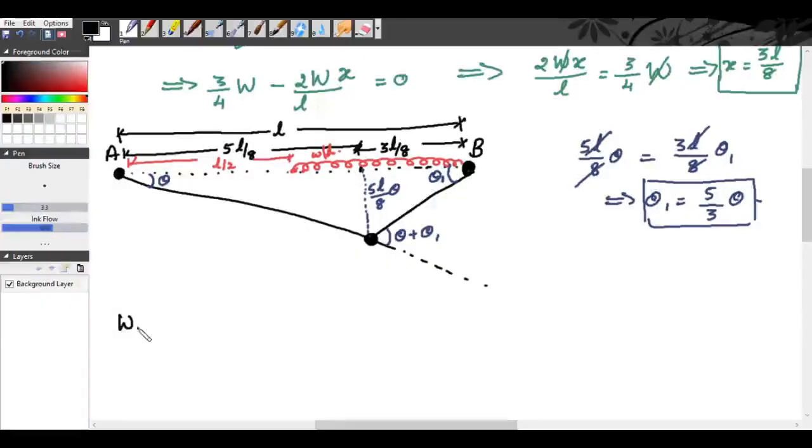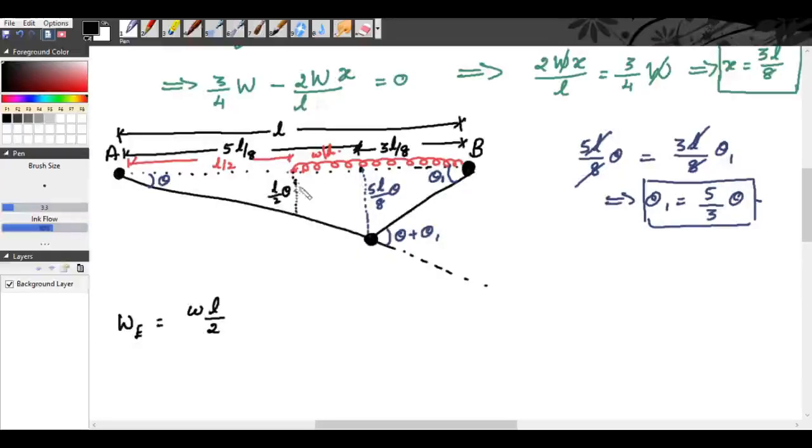So external work done is equal to W into L by 2, that is the loading, multiplied by the area under the load. So how much is this? This distance is L by 2 into theta.